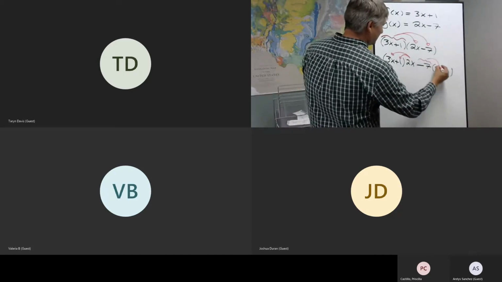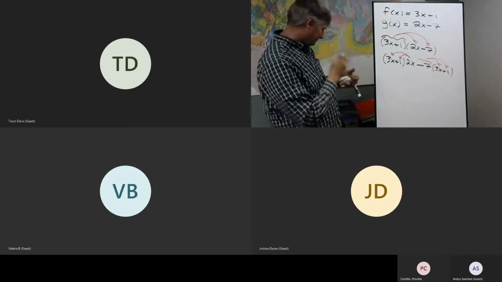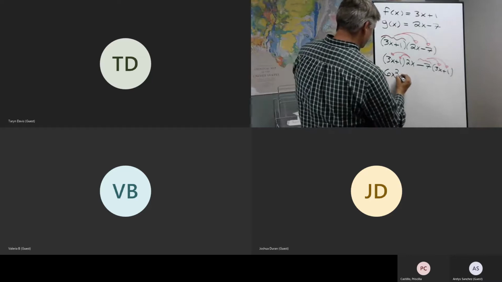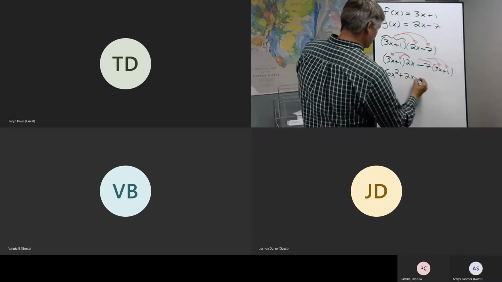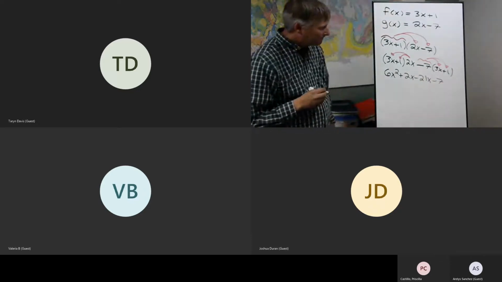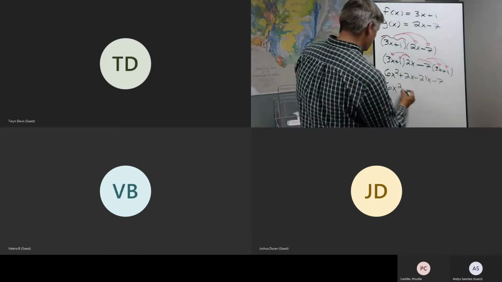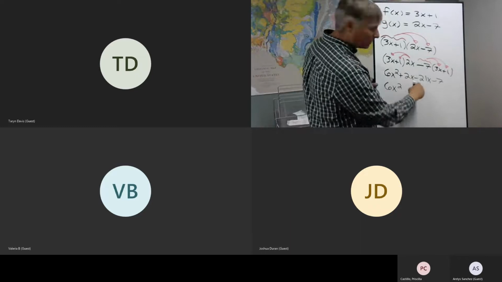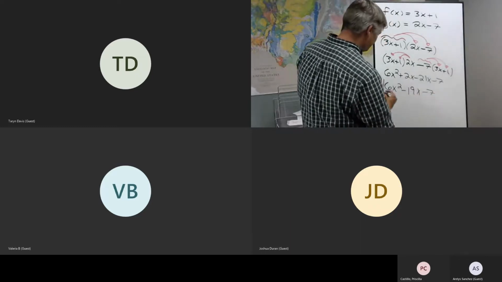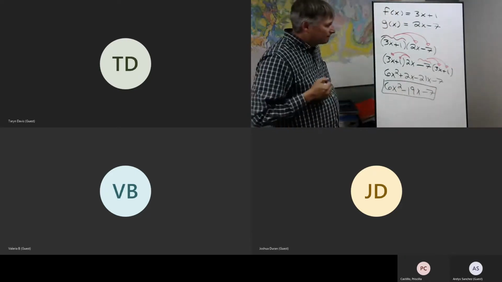Don't forget to distribute the sign also. The sign's going to go with it. 6x squared plus 2x minus 21x minus 7. Now we combine like terms. 2 minus 21 is minus 19. And they have a minus 7. So that's one way you could multiply things.